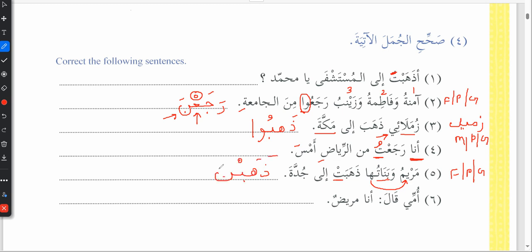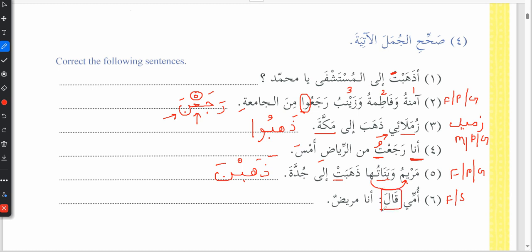Ummi, feminine, singular. And qal. Ummi qal. Ana maridun. So what kind of verb are you going to use? You have a verb qala. Is it correct for ummi? No, it's not.